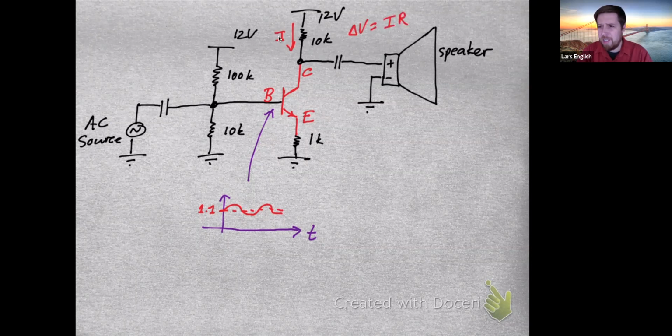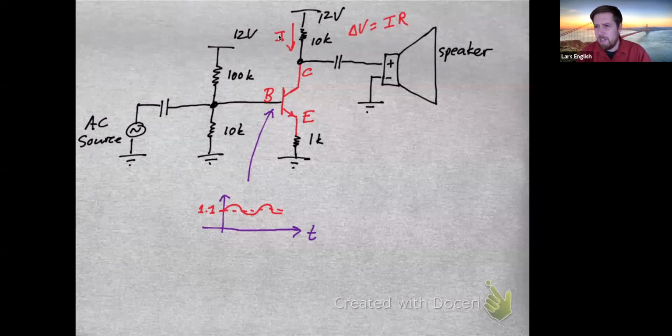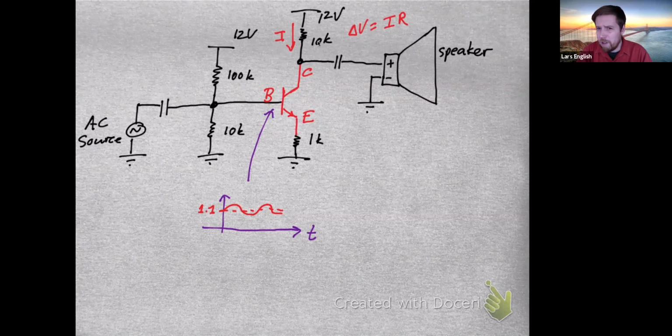And so this current here is very strongly affected by this small voltage signal here. If the voltage is 1.5 here, then there's a lot of current flowing. If the voltage at this point in time is, say, 0.7 or something volts, then there's only a little bit of current flowing. And so then, of course, the voltage can swing quite dramatically because we have a fairly large resistor here. Okay, and so we can then power this speaker.